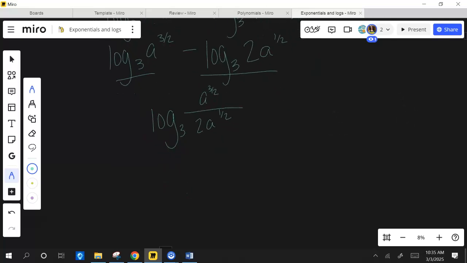You just subtract your exponents. What's 3 over 2 minus 1/2? 1. 2 over 2 or 1. So I've got log base 3. The a is up front and it's got an exponent of just 1. And the 2 stays down. Remember, it doesn't move with that a. It stays on its own. It's its own piece. And that's the answer.